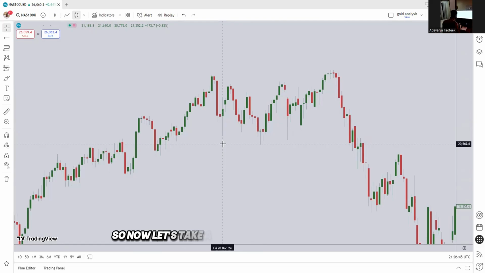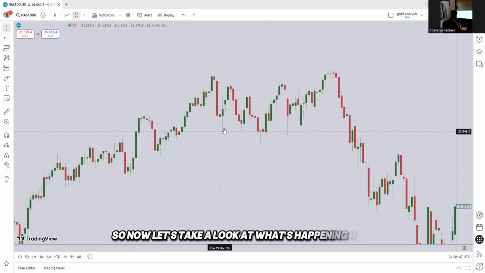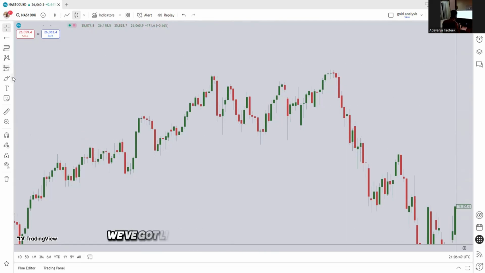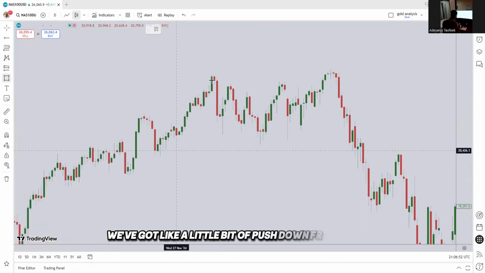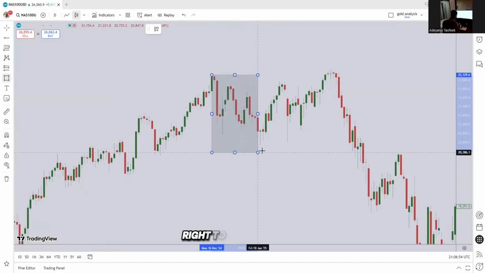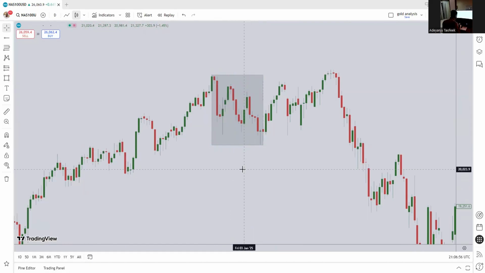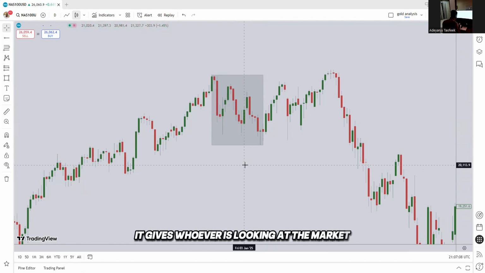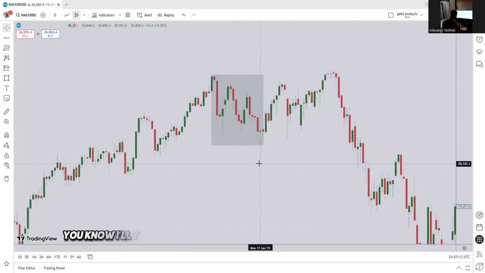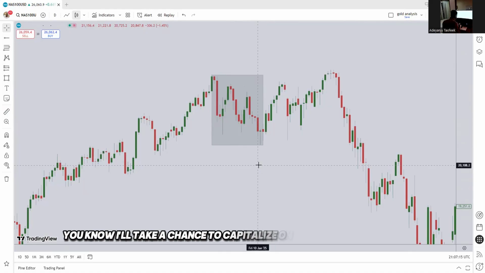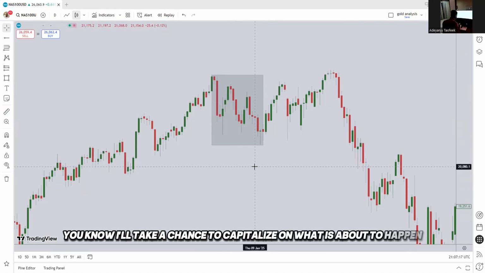Now let's take a look at what's happening here. We've got a little bit of push down from the top to this low, right? Something happens in the market, and it gives the trader looking at the market a chance to capitalize on what is about to happen.